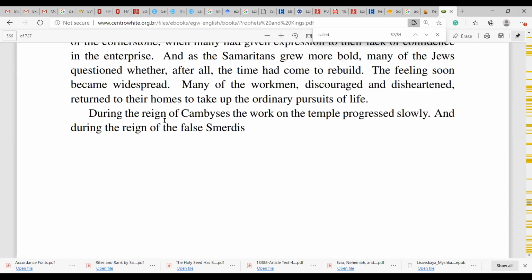But he was able to keep power for a very short period of time. And when he was in power, there was a kind of civil war, and another man, Darius, tried to get him out of his position, and he succeeded. And finally, in the year 522, Darius became king of Persia. So he became king in 522.